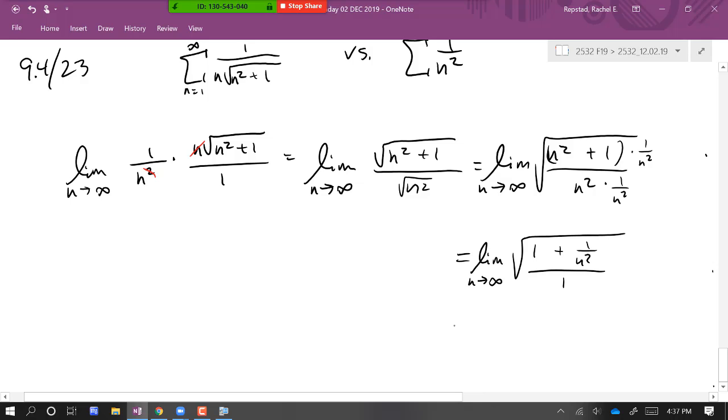What's that limit? One. Yep. And what is it that we want to observe about that result when we use the limit comparison test?